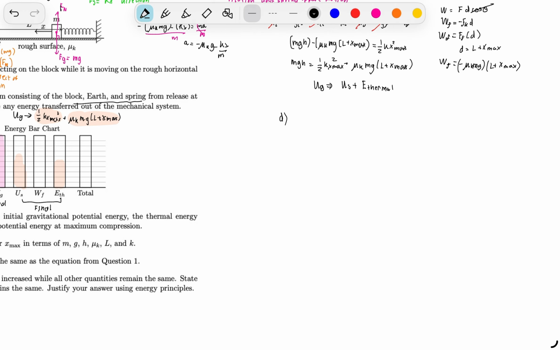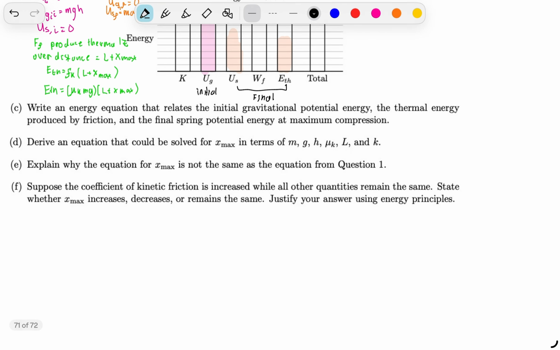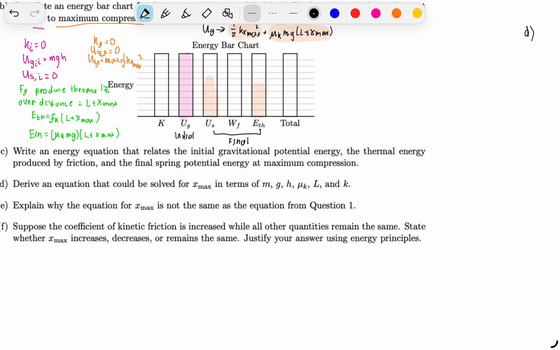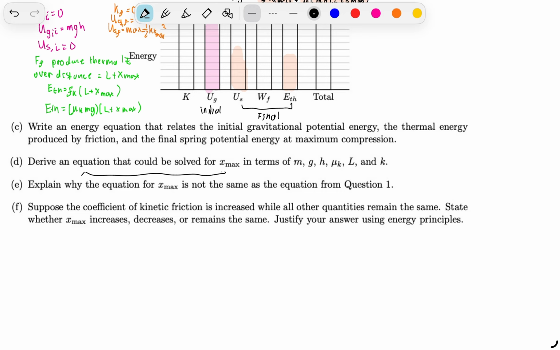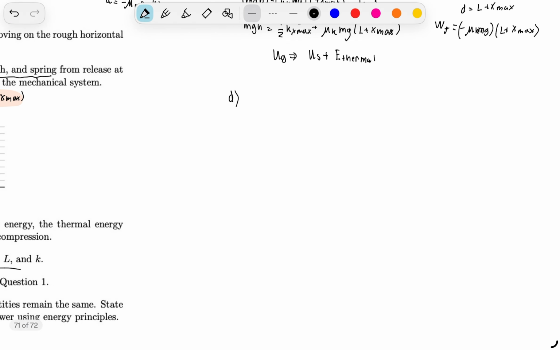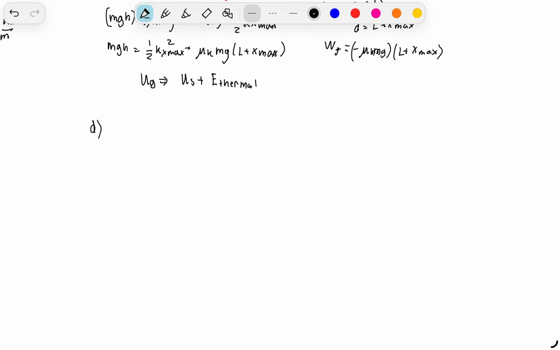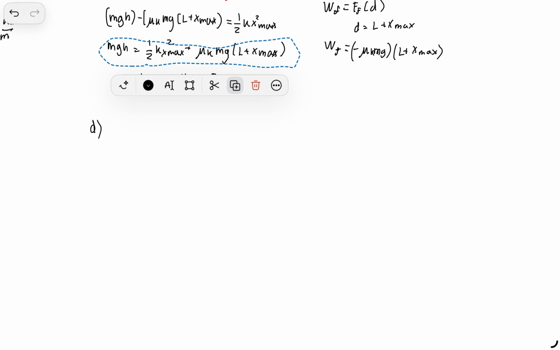Now for part D, we're asked to derive an equation that can solve for X max in terms of mgh, mu K, L and also K. So we can start off with our equation that we have here.